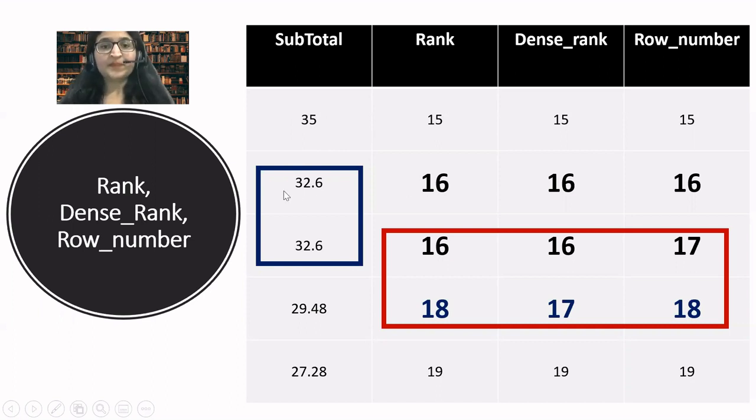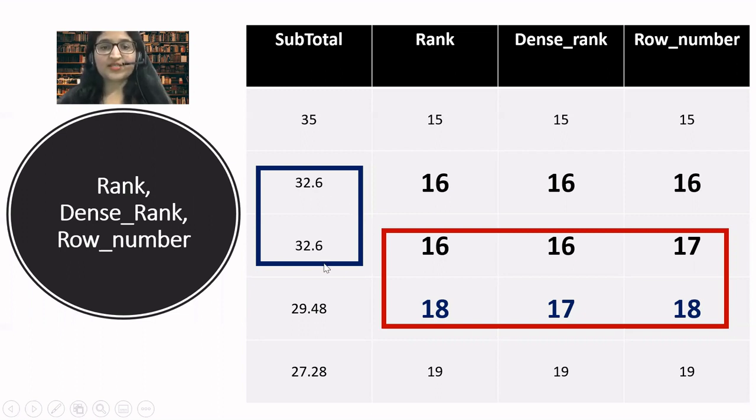So this is fine. Now let's say the same value repeats in the next row. If the numbers are different, then rank, dense rank, and row number will follow the normal order like 15, 16, 17, 18. But if the values are exactly the same, then we see a difference. For rank and dense rank, they will give the exact same rank.